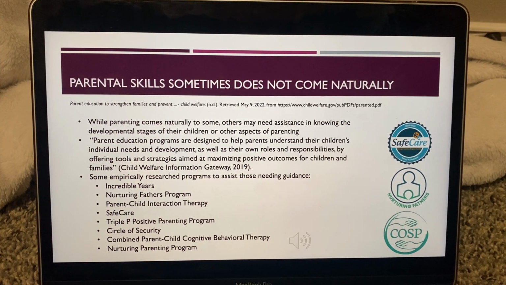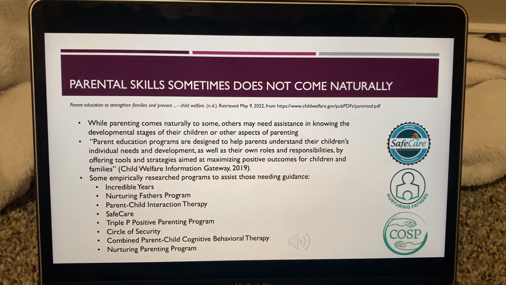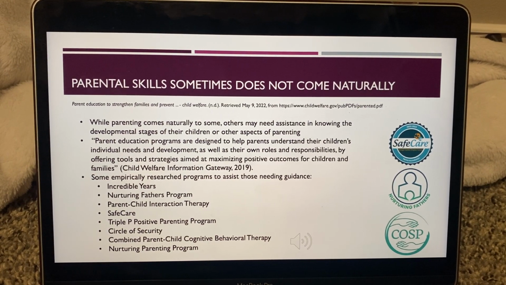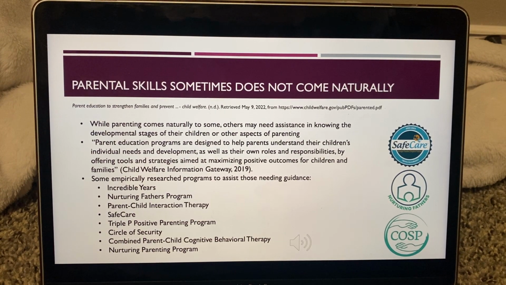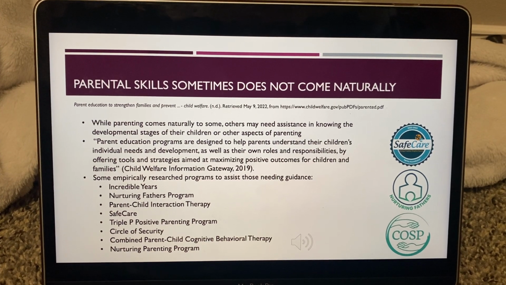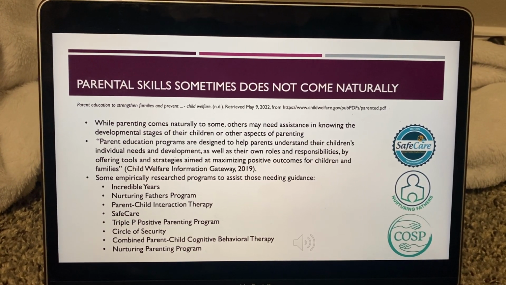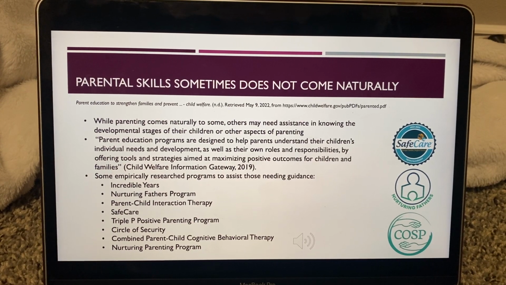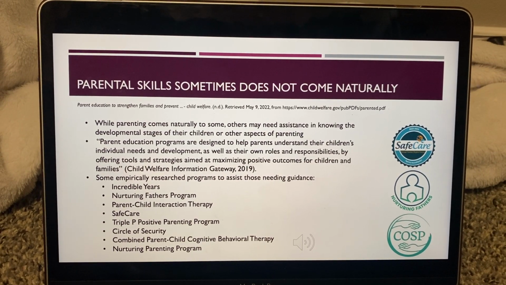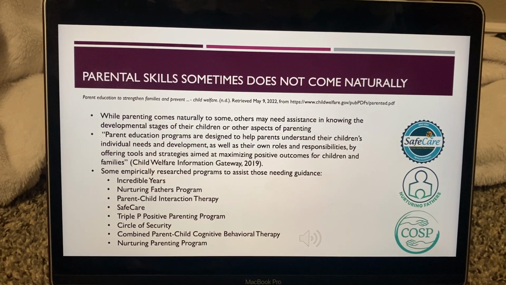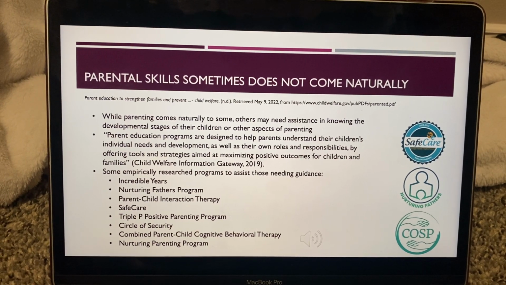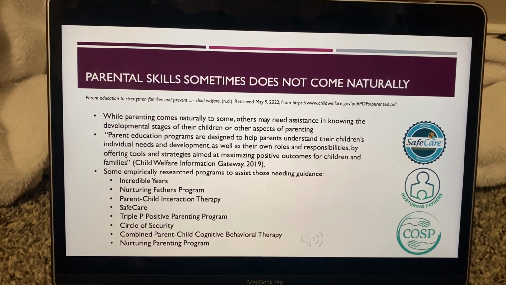Parent education programs are designed to help parents understand their children's individual needs and development, as well as their own roles and responsibilities, by offering them tools and strategies aimed at maximizing positive relationships for the children and families. This is by Child Welfare Information Gateway, 2019. Here are some well-researched programs to assist those needing guidance: Incredible Years, Nurturing Fathers Program, Parent-Child Interaction Therapy, SafeCare, Triple P Positive Parenting Program, Circle of Security, Combined Parent-Child Cognitive Behavioral Therapy, and lastly, Nurturing Parenting Program.